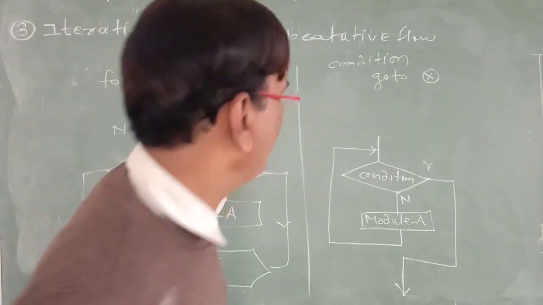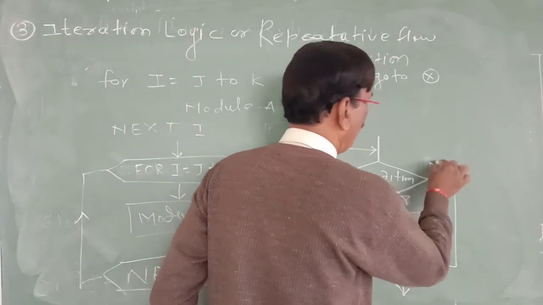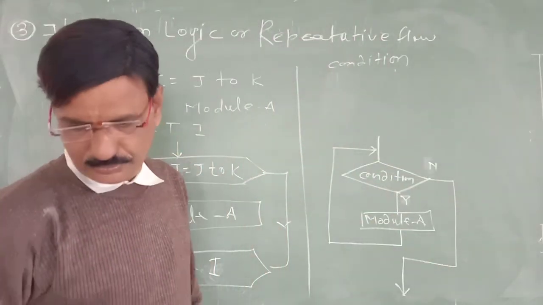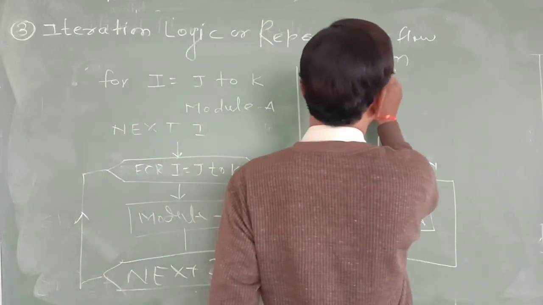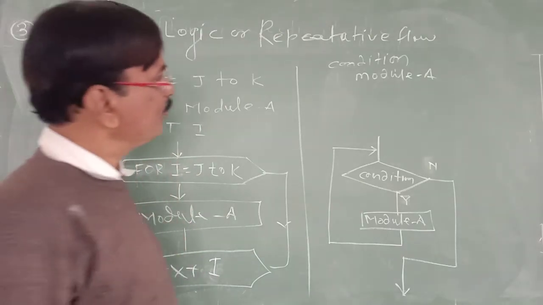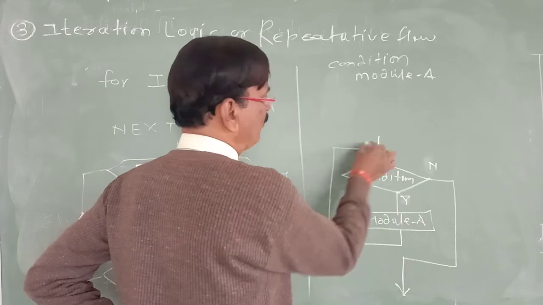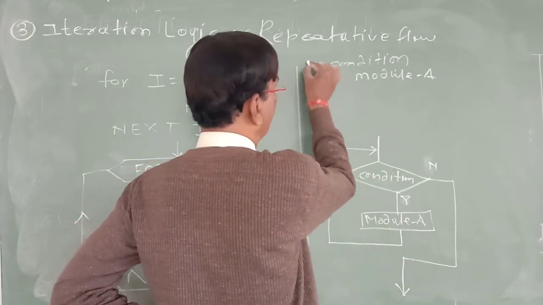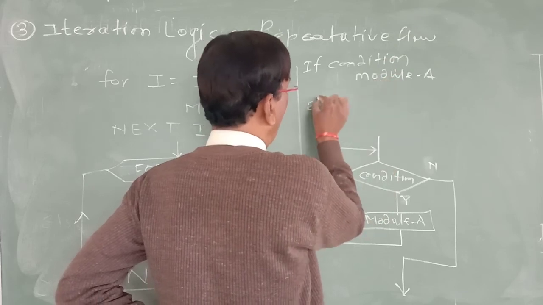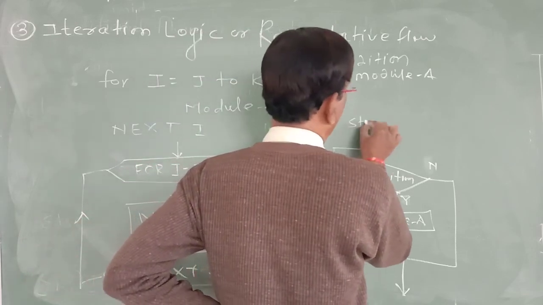You can change this to yes or no. If the condition is true, module A is executed and again go upward. Otherwise there is a stop.